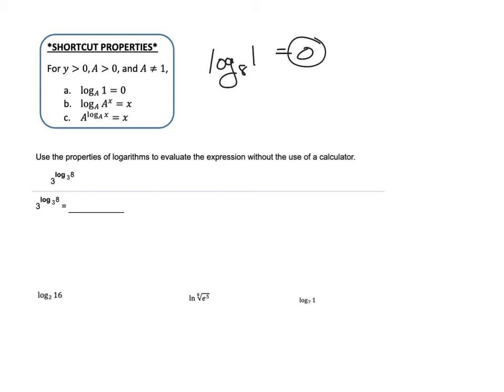If you converted it to exponential form, that would be 8 to the 0 equals 1. The only way you can raise 8 to an exponent and get the number 1 is if that exponent is 0.